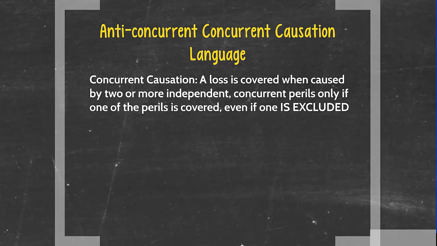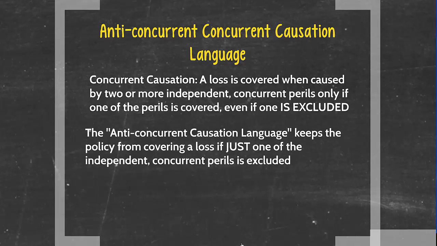So in other words, when 2 perils are occurring at the same time, such as fire and wind or fire and volcanic eruption, if the anti-concurrent causation language did not apply, this would mean that even if one of them was excluded, the loss would be covered. But the anti-concurrent causation language keeps the policy from covering a loss if just one of the independent concurrent perils is excluded.